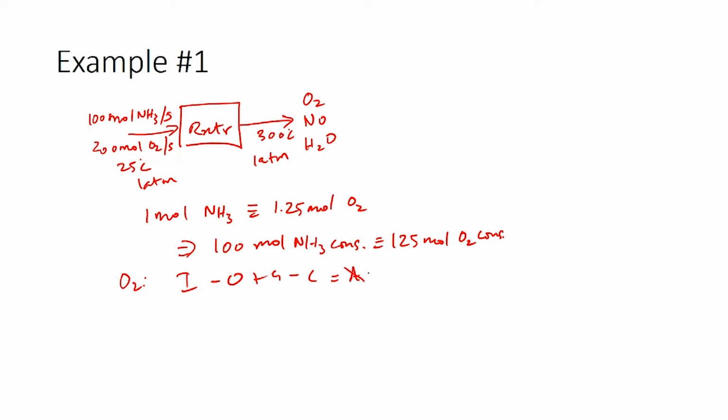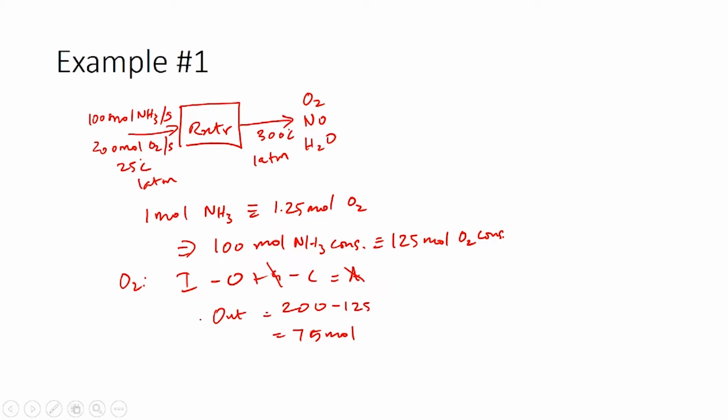At steady state there will not be any accumulation. You would not have any generation of oxygen because it is a reactant. So, you would have input, output and consumption. We have already identified consumption of oxygen as 125, and we know the input is 200. So, output for oxygen would be 200 minus 125, which is 75 moles of oxygen leaving the system.